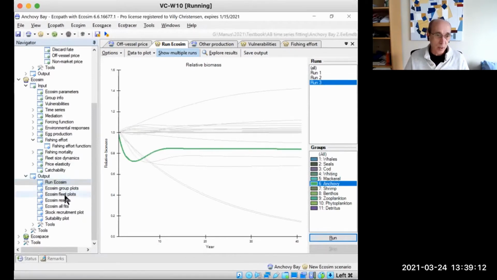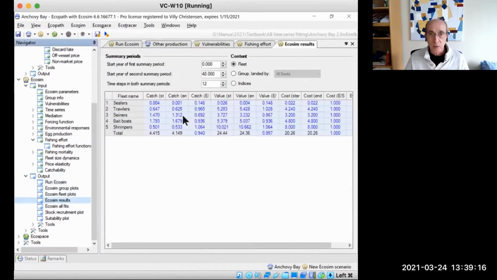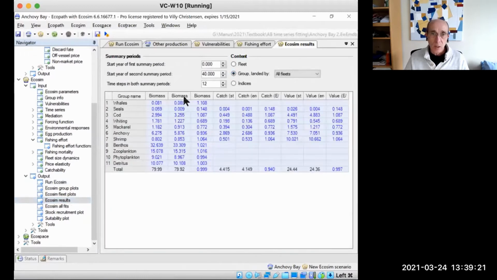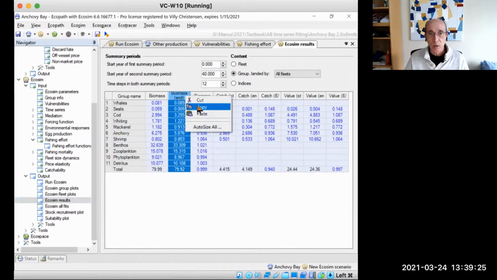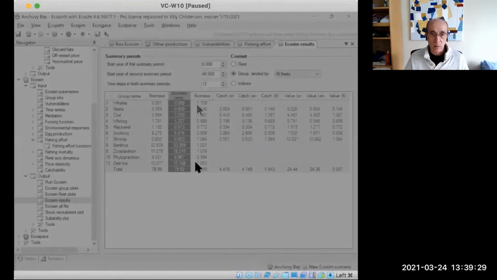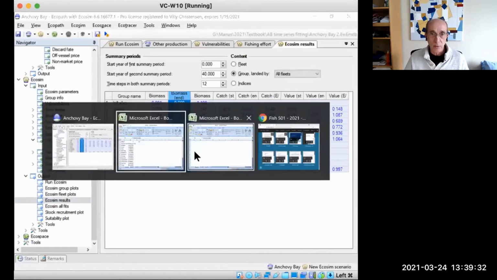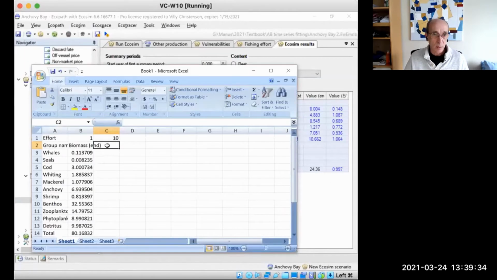And if we go in here, we can go to results now. Before, I just took biomasses. I should actually have copied a couple of things more, because the value is more interesting.